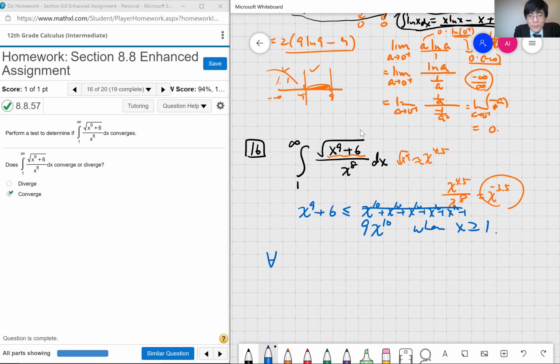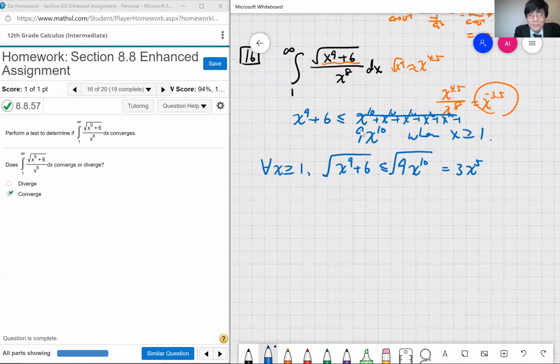So for all x greater than 1, x to the 9 plus 6 is less than or equal to 9 times x to the power of 10. When you take a square root, this is also true, and this is equal to 3 times x to the 5. What we want to do is a comparison.